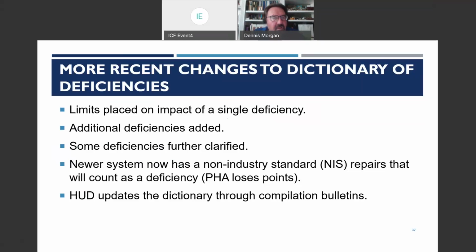They've added this new standard, which is called the non-industry standard repairs. If you're making the repair, but you're doing it in a fashion that is a non-industry standard, then it's still considered a deficiency, and it's going to count points against you. For example, let's say I'm looking at the tiles on the floor, and I can't match that tile, so I'm just putting down another tile.